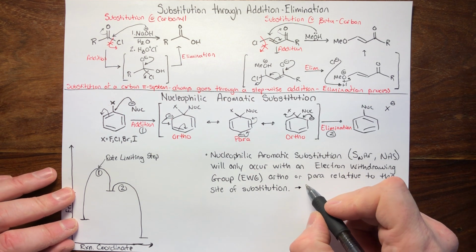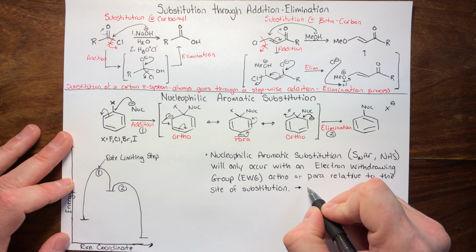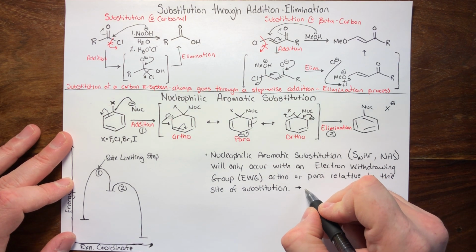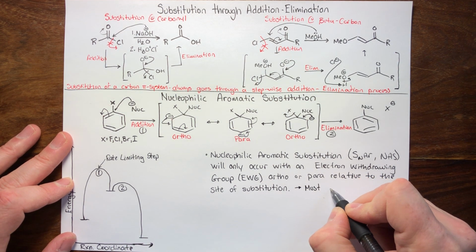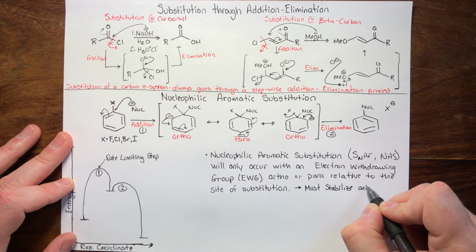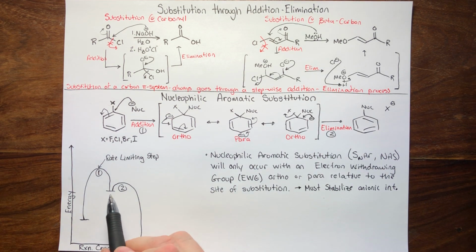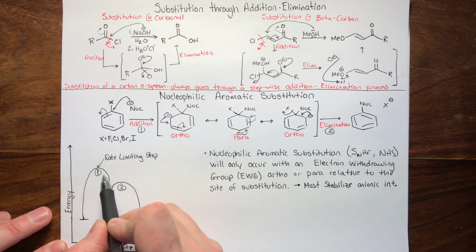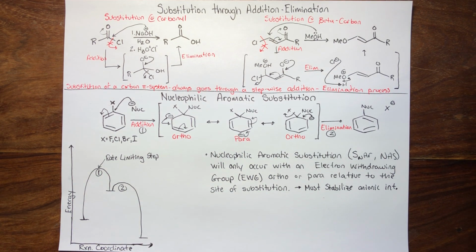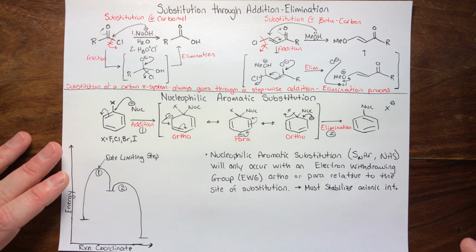And we can say that this rule stands because the anionic intermediate must be stabilized. If we can stabilize the intermediate, then we can lower the energy barrier and get that pathway to occur through a faster reaction rate.